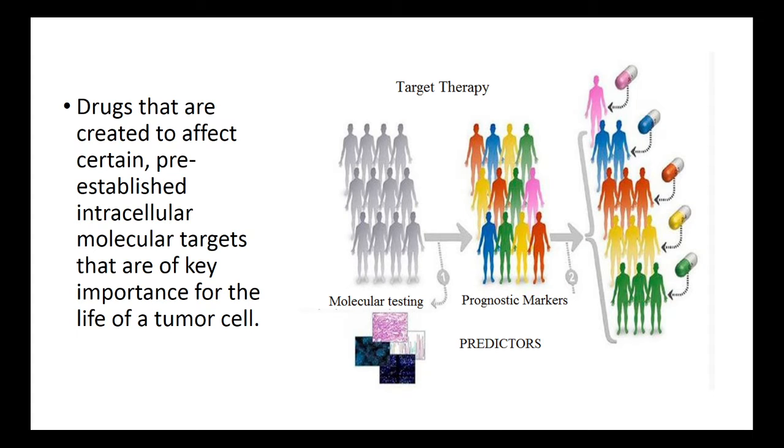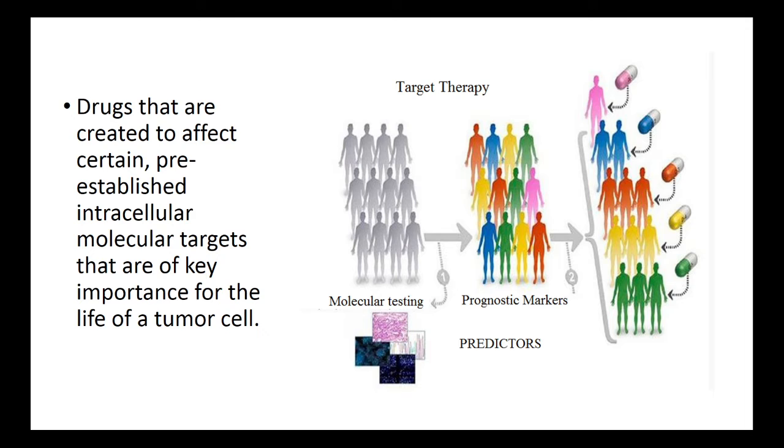How does target therapy act? You can look at these pictures, and at the first part of these pictures you can see many patients with disease, but they are all gray. We do not know which mutation their disease consists of.